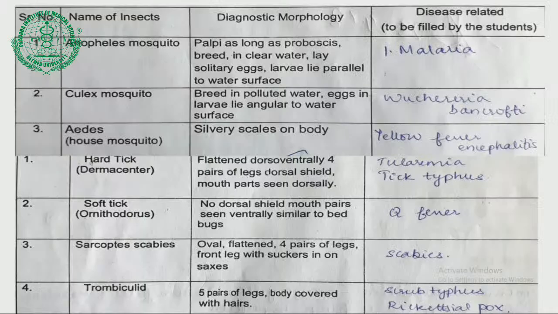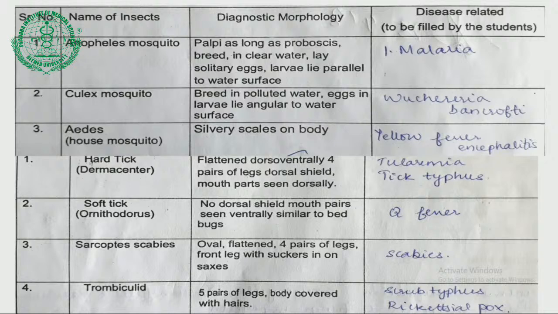So in your journals you will have to write the name of the insect, their identification features, and disease related, that is which infection is particularly transmitted by that particular vector.